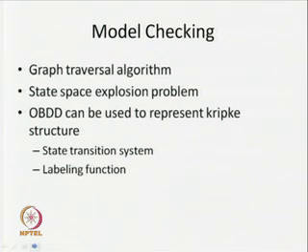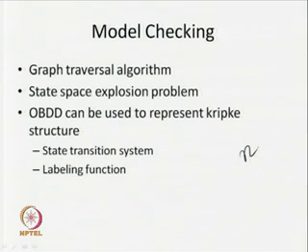But we have seen one problem with this graph-based model checker: the state explosion problem, because the number of states is related to the number of state variables we have. If we have n state variables, then we are going to get 2 to the power n different states. These are the different possible combinations that we may have, but in particular all states may not be reachable.